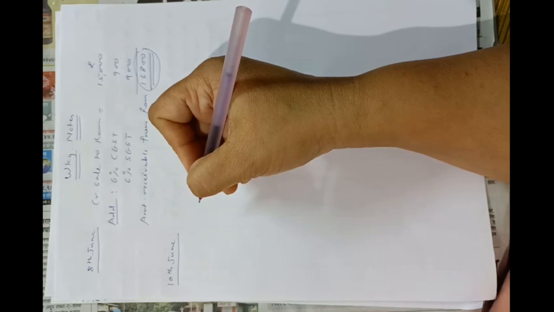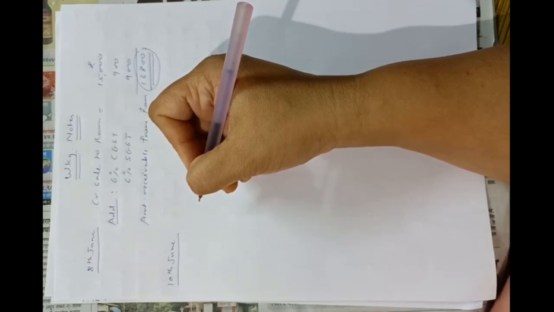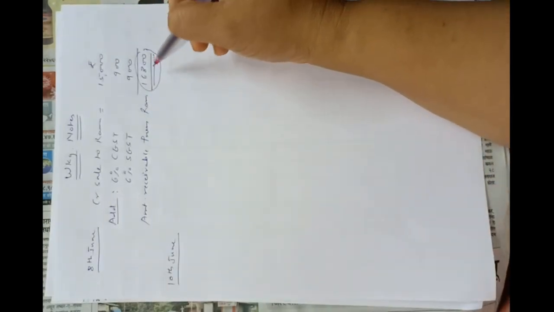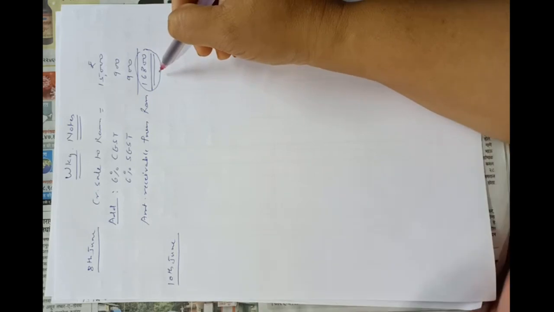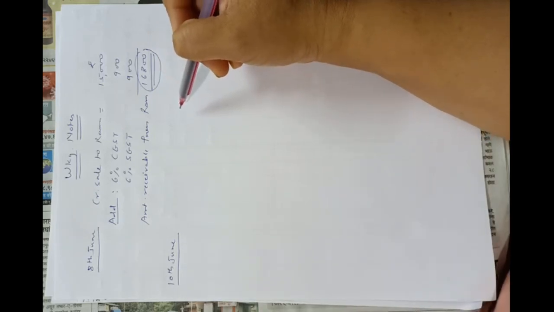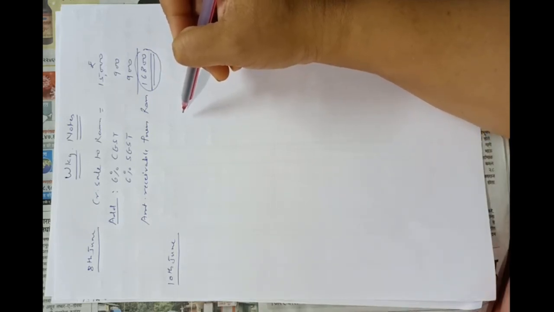10th June, they told us that received check from Ram in full settlement of his account rupees 16,500. Amount receivable from Ram was 16,800, but we have received a check from Ram of rupees 16,500. So we have allowed discount of rupees 300 to him.